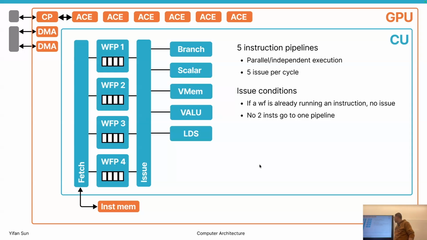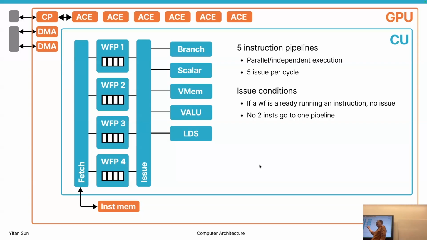There's another condition. If a wavefront is already running an instruction, because an instruction is not something that can complete in one cycle, it will take like 10 cycles, 20 cycles, or sometimes only 2 cycles to complete in each pipeline.